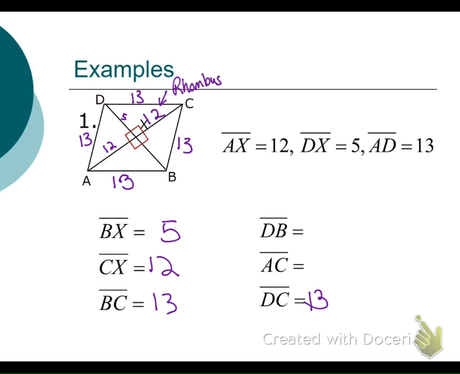So if we want to find the length here, where did that go? All right. 5. So what's the whole length of DB? 10. And AC would be 24. Nice job.